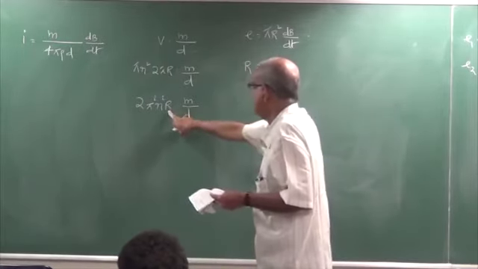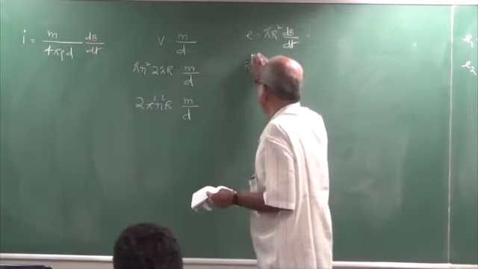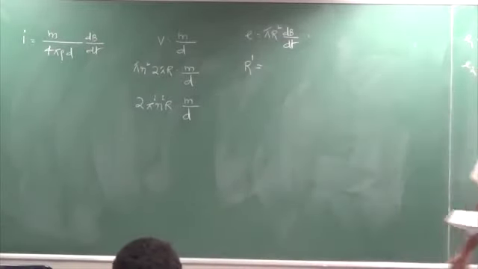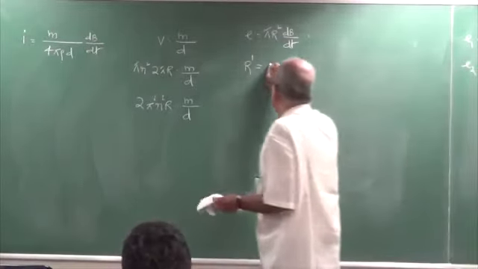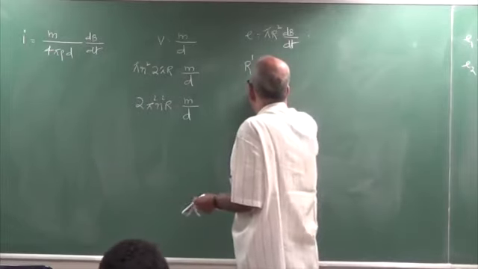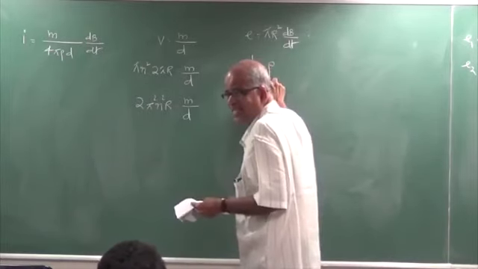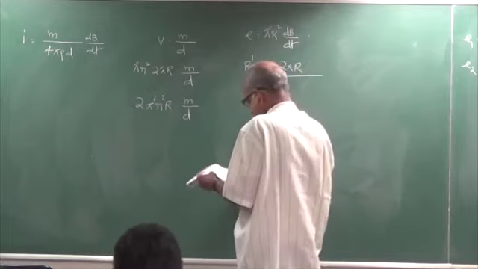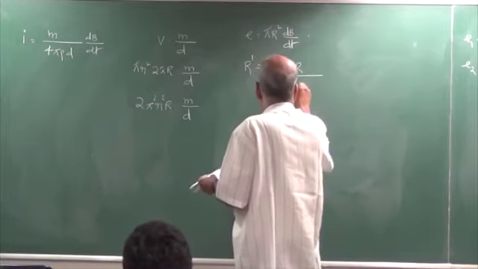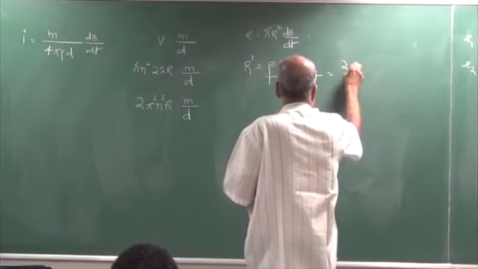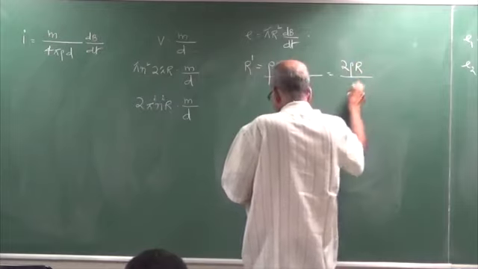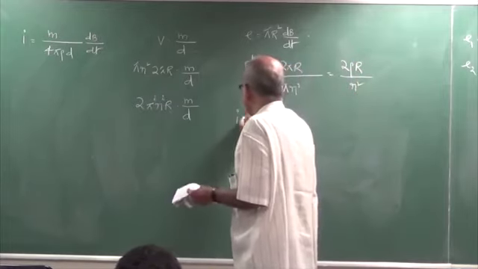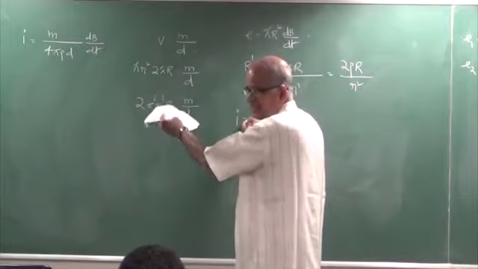Don't confuse this R, this is radius. I'll call this as R dash. What is the resistance of the circuit? Resistance of the circuit is rho into L. What is L? 2 pi capital R divided by pi r squared, which is 2 rho capital R by r squared. So what is the induced current? He is asking us to find the induced current.